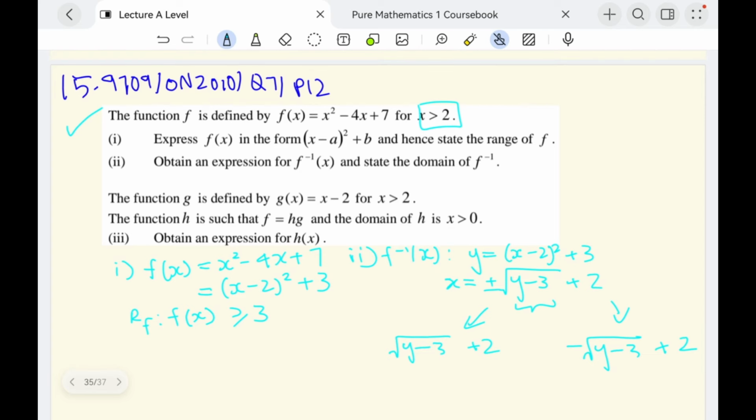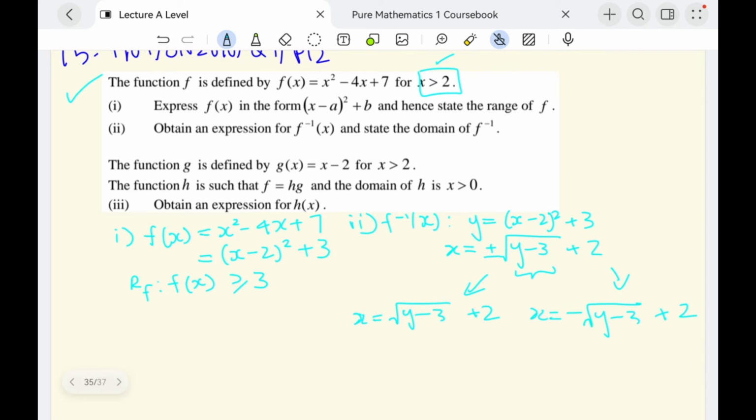You must follow this condition of the domain. This function is defined when x is greater than 2. You can try to substitute y equals 3, because the range of f(x) starts from 3, which is the domain of this inverse function. So try y equals 3 first.